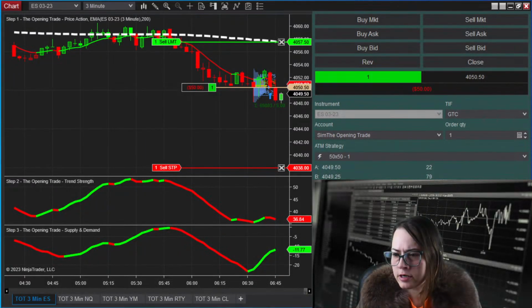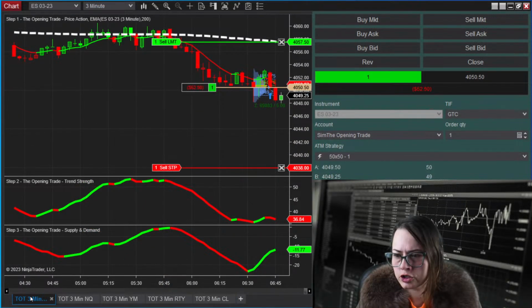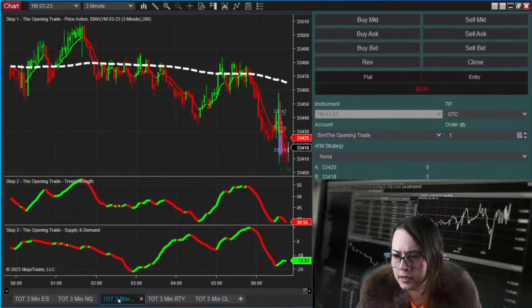Oh, they're starting to go. Here we have crude oil. We are in a current trade on the S&P. NASDAQ is too close to the 200 period EMA.